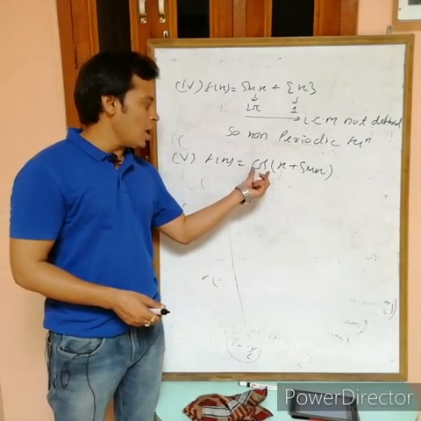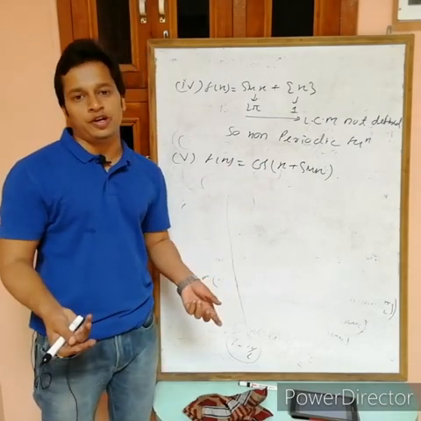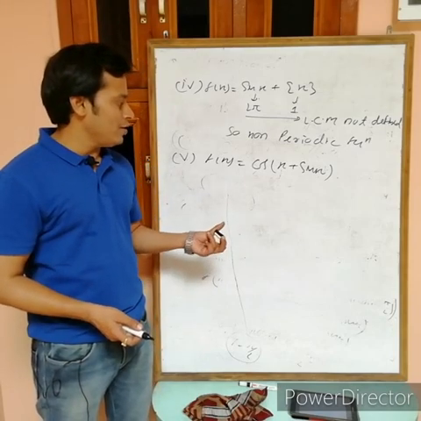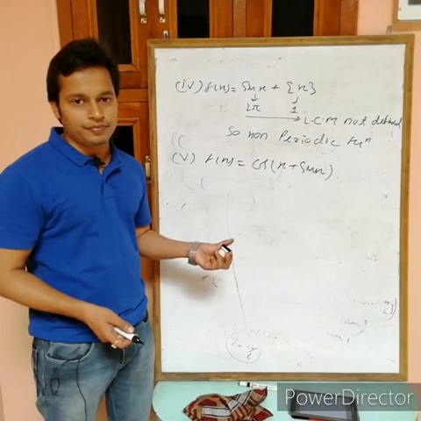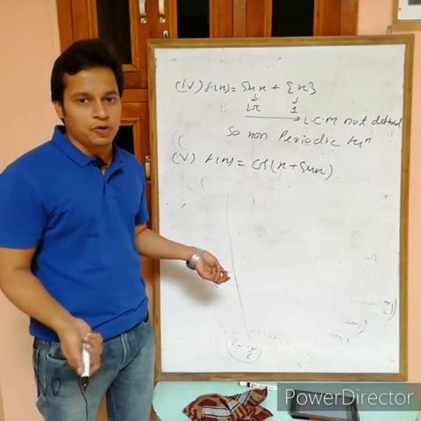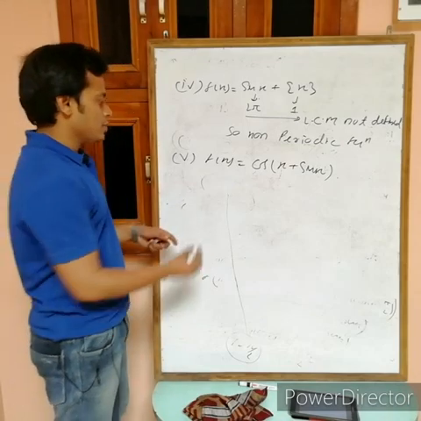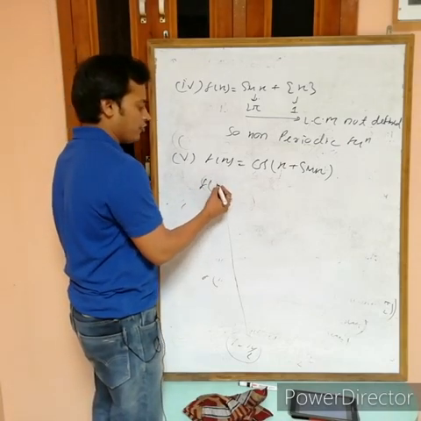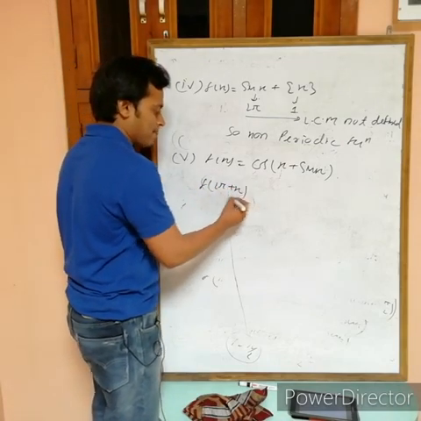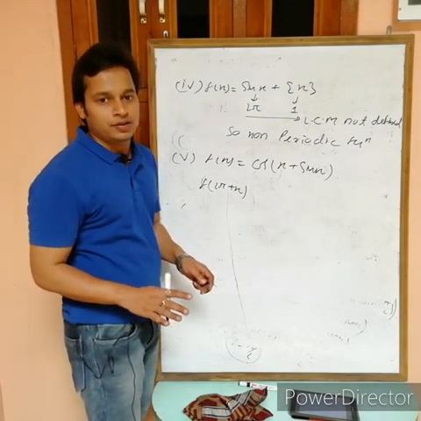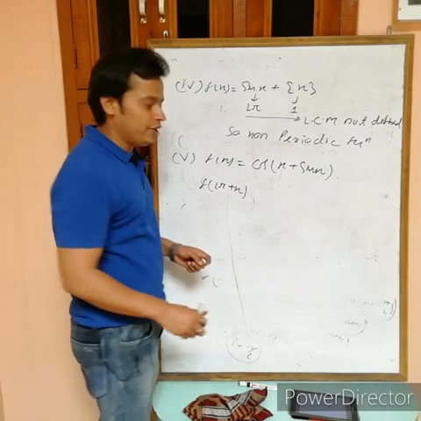But here outside we have cos, and cos is a periodic function. So if you want to check for any value of T, what do we have to select? Only one thing, 2 pi if possible, because cos has period 2 pi. So actually you will get this as a periodic function. Check for 2 pi plus x. If f(2 pi plus x) becomes f(x), then I can say this is periodic with period 2 pi.